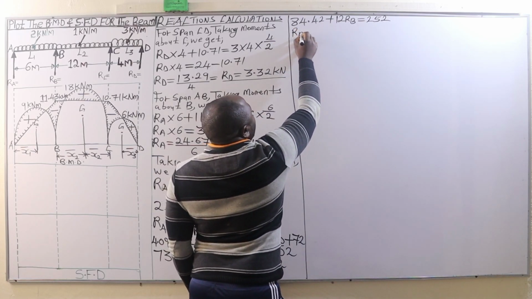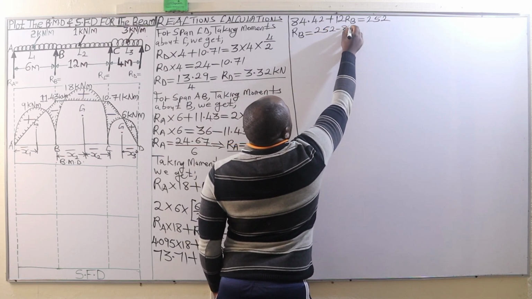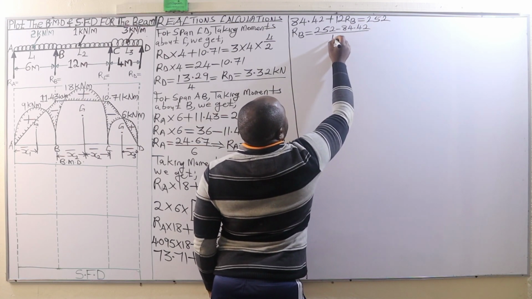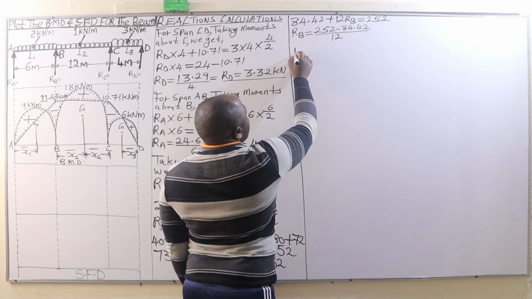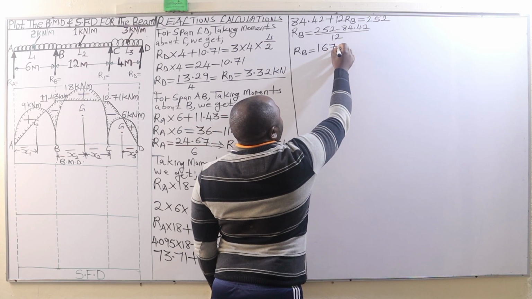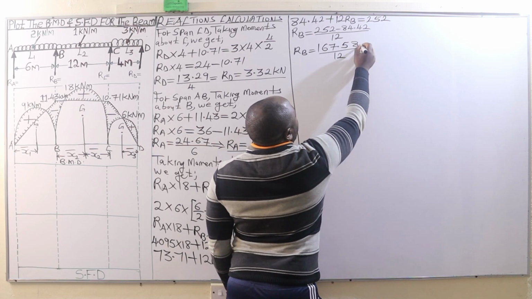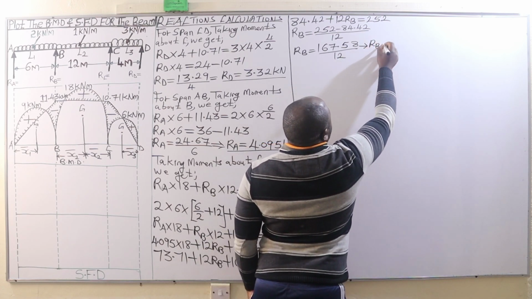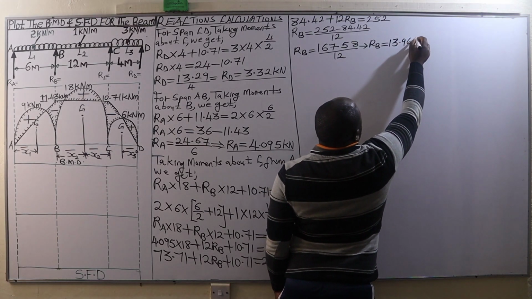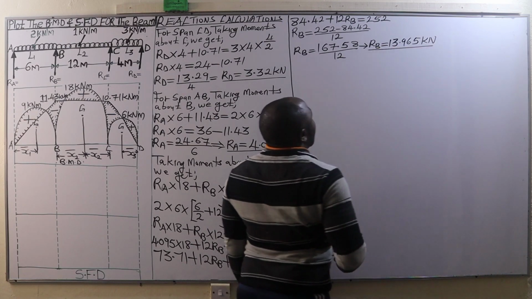So the reaction at B is 252 minus 84.42, divided by 12. So RB is equal to 167.58 divided by 12, and that gives us a reaction at B of 13.965 kilonewtons. So that is the reaction at B.